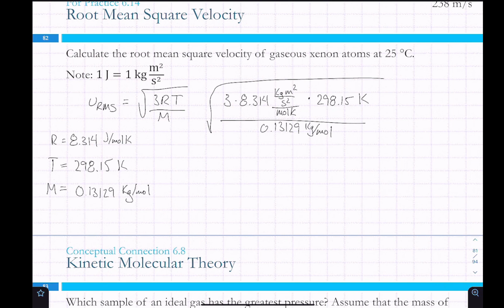But you can go through these and the Kelvin will cancel out, moles will cancel out, and kilograms will cancel out. So we get 3 times 8.314 times 298.15 divided by 0.13129.